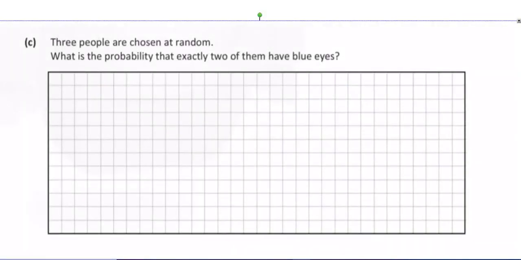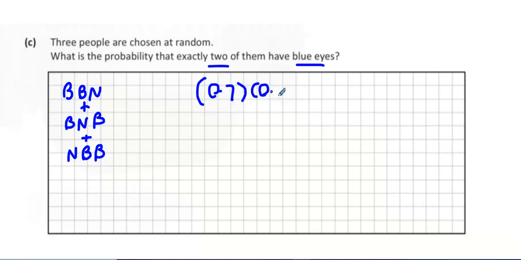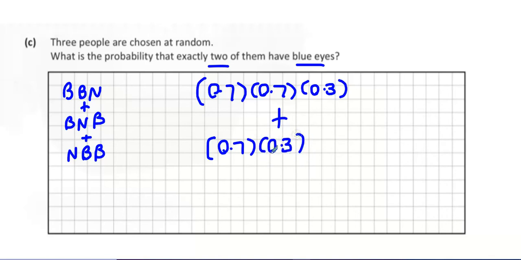Okay, part C. 3 people are chosen at random. What's the probability exactly 2 of them have blue eyes? Well, let's try this. Blue, blue, not blue. Blue, not blue, blue. Not blue, blue, blue. There are 3 different ways this can happen. So for blue, followed by another blue, followed by a not blue, is this amount here. For blue, then not blue, the second person not blue is 30%, and the third person to be blue is 0.7.